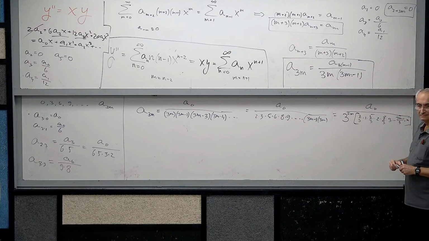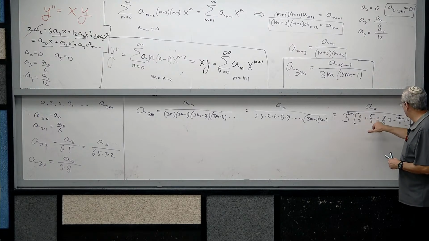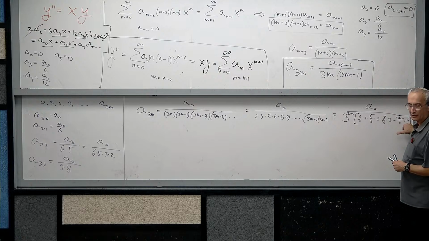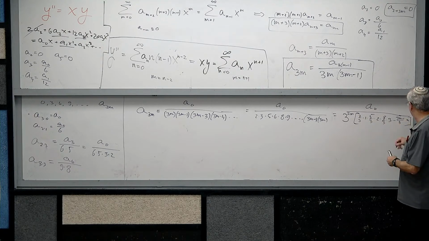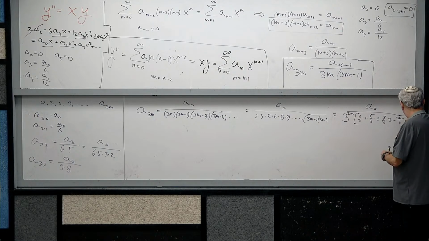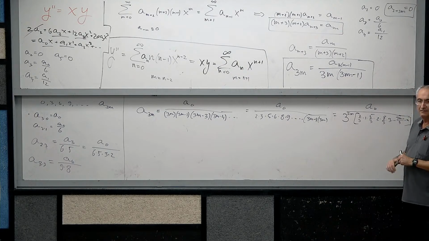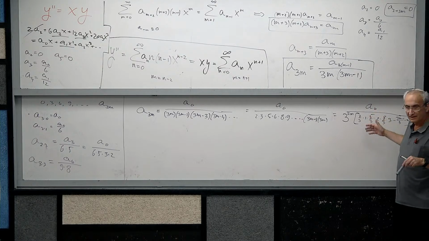Now you got a factorial. Now I have 1 times 2 times 3 up to m. So I can describe half of this product as m factorial.